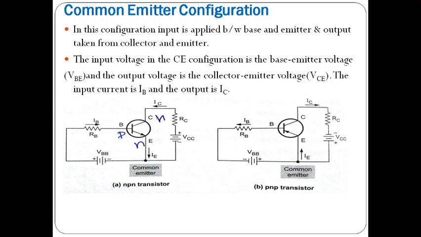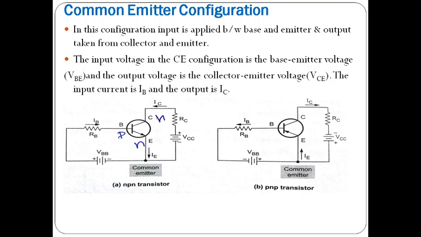We said the transistor's main application is as an amplifier. To use it as an amplifier, we need to keep it in the active region. For that, the emitter junction is in forward bias and the collector junction is in reverse bias. So for an NPN transistor, the negative terminal of the battery is connected to the emitter and the positive terminal is connected to the P-type base.